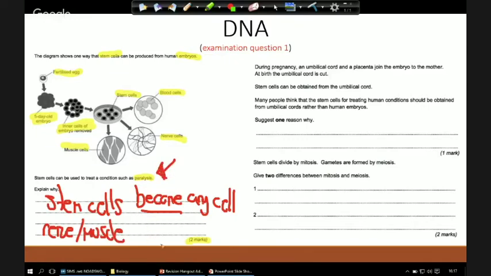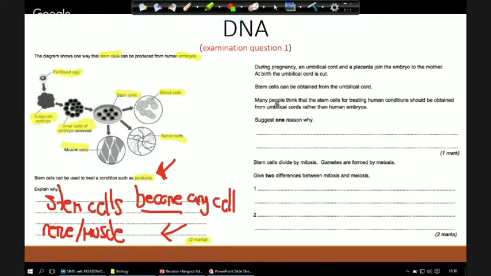Perhaps they've got some muscle wastage, or they've broken their spine and they snapped their nerve. Well, these stem cells could become those cells. So the stem cells can become any cell. And for the second mark, just an example of one of those 2.